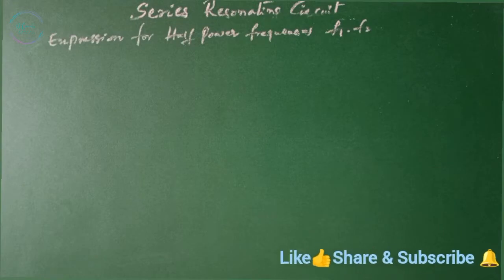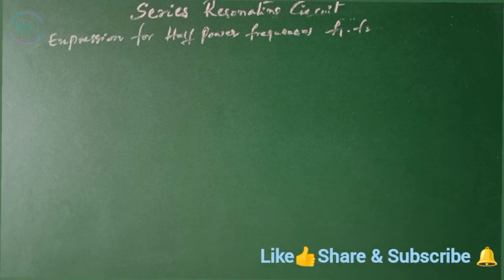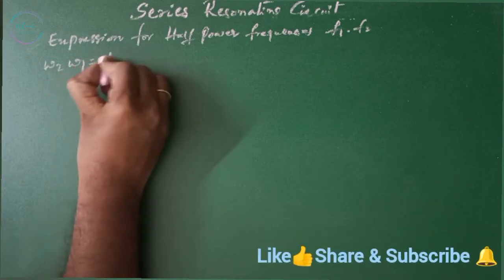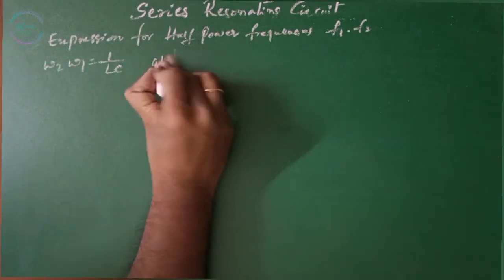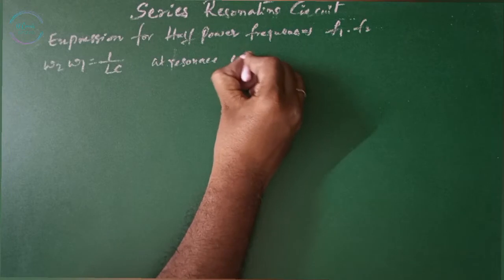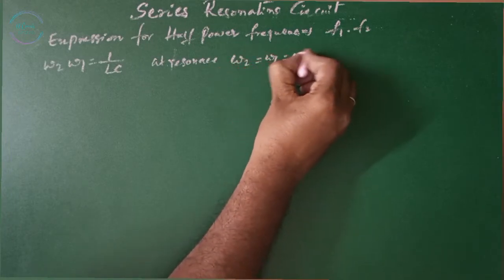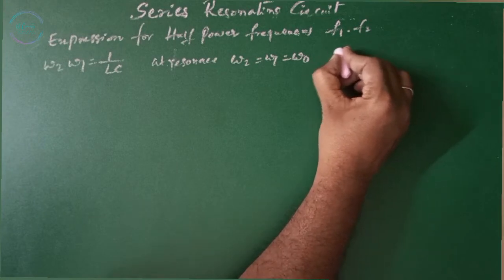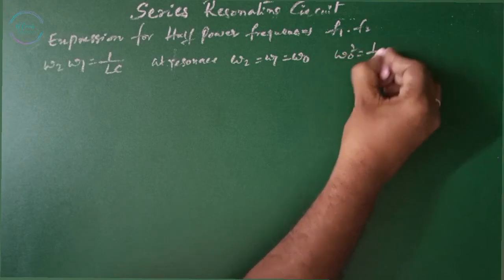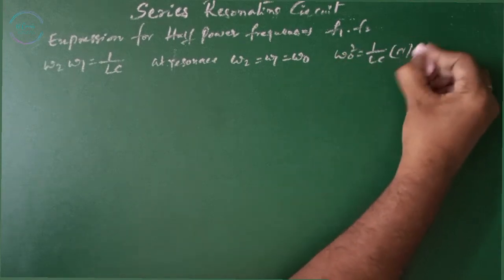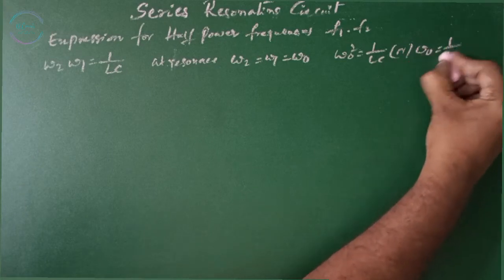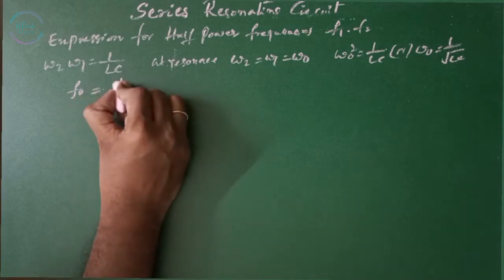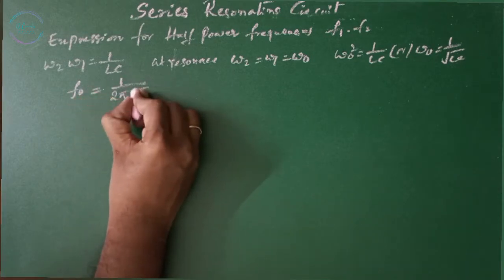Now let us find the expression for the half power frequencies, that is F1 and F2. And we know that omega 2 minus omega 1 equals 1 by LC. At resonance, omega 2 equals omega 1 equals omega naught. So if you substitute this, you will get at resonance omega naught square equals 1 by LC, or omega naught equals 1 by root LC, or simply F naught equals 1 by 2 pi root LC.